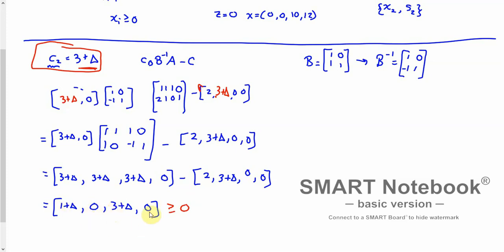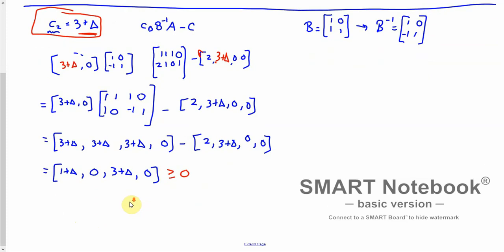Well, these are already in the basis, so notice they are still 0 like they should be at the optimal. So we're just going to check these two to see where we need to stay greater than or equal to 0. So I'm going to take these pieces, set them greater than or equal to 0, and I will solve for delta to see how much change I can have.